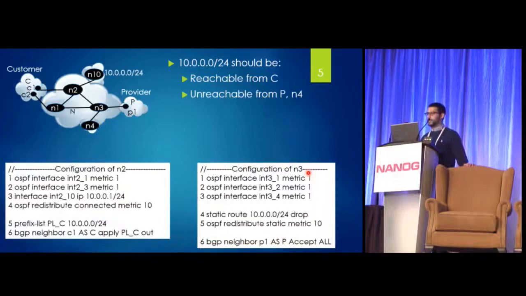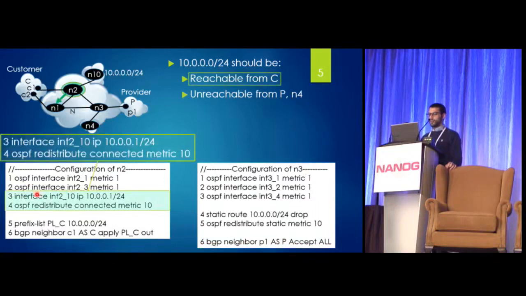And I've implemented this using these configuration snippets that you see at the bottom here. So in order to make 10.0.0 reachable from C, you could see lines 3 and 4 on the left for the configuration of N2 here. What we do is basically, this is a directly connected network for N2, and for whatever reason, the operators decided to redistribute this connected network into OSPF with the metric that you see here.